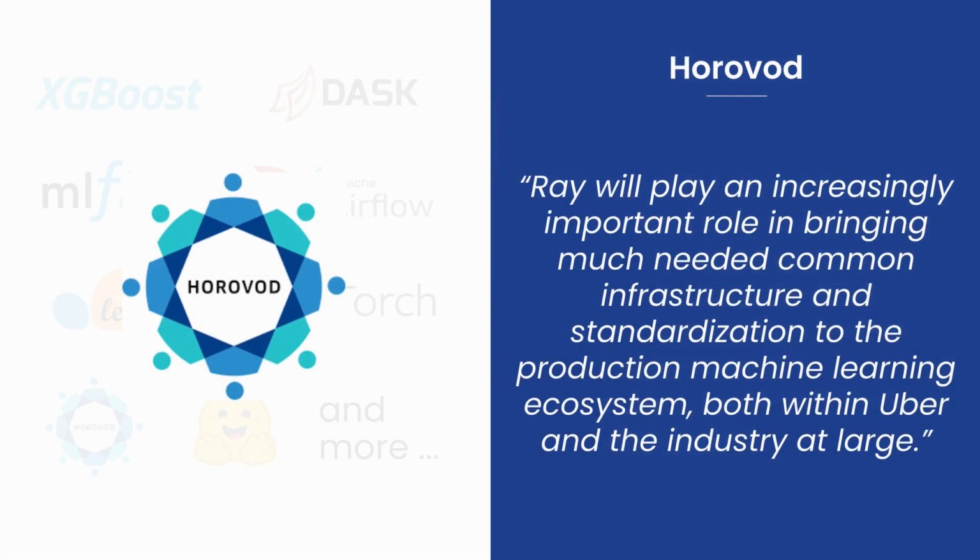You'll also hear how deploying Horovod on Ray has allowed them to consolidate their deep learning and traditional machine learning stacks. By deploying on Ray, all these libraries can immediately leverage Ray's elasticity, autoscaling, and hyperparameter tuning. And that's how Ray is helping to bring common infrastructure to the production ML ecosystem.